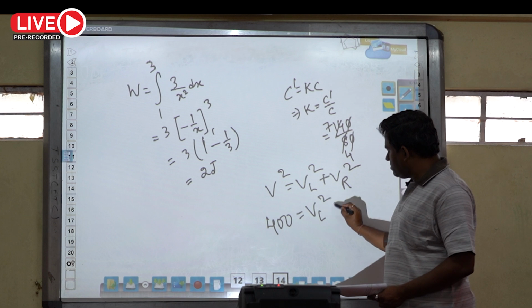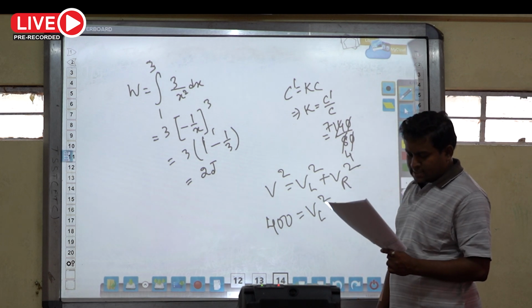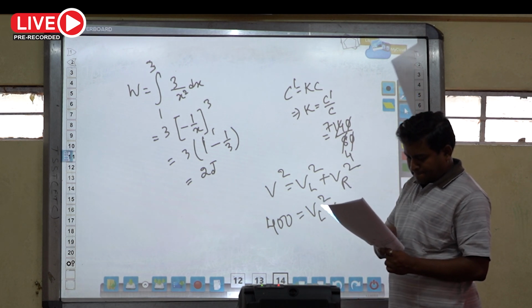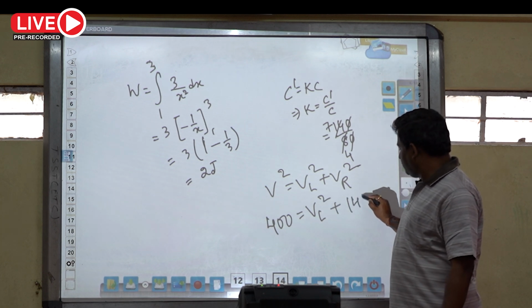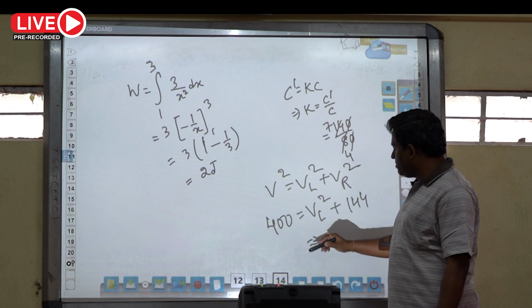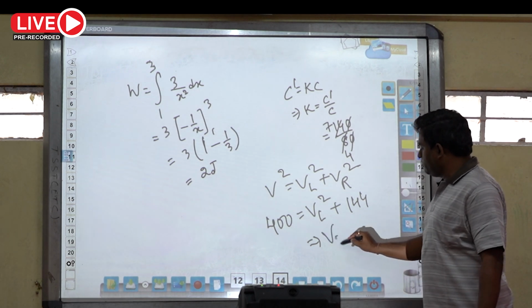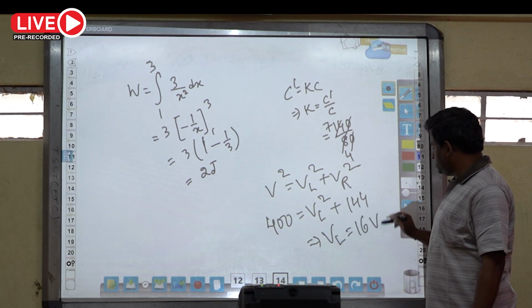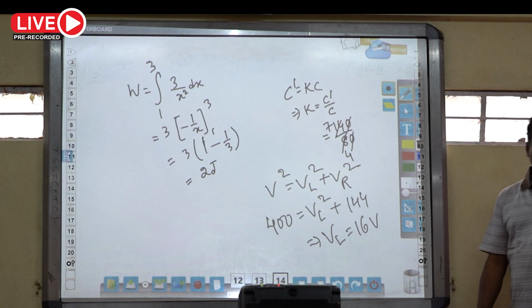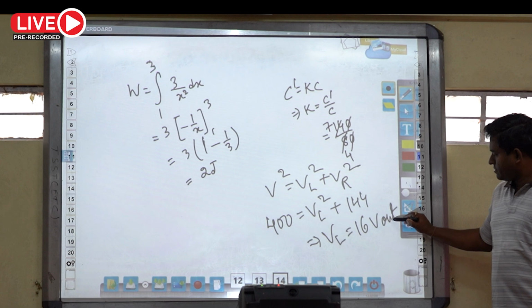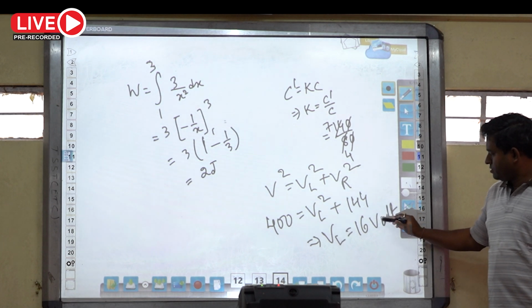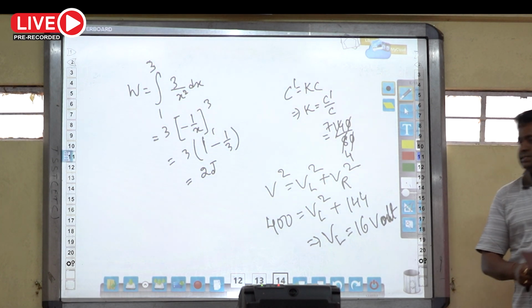VL square plus VR square, VR is 12, that is 144. So VL square becomes 256. So VL will be 16 volt. Okay, it will be 16 volt.